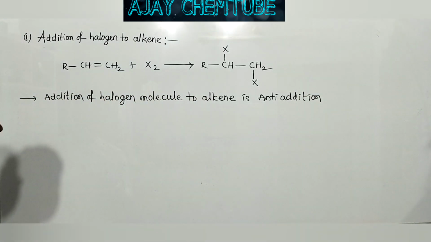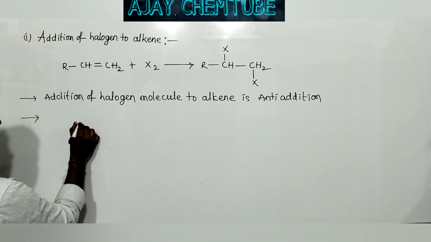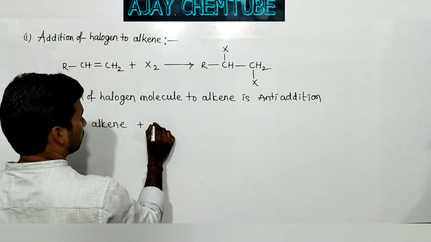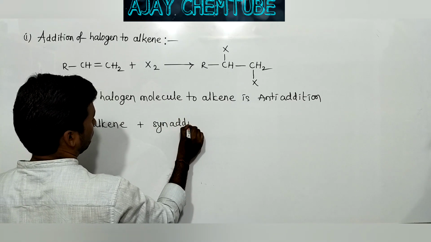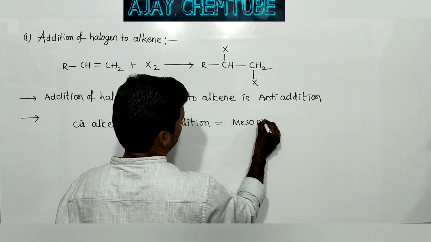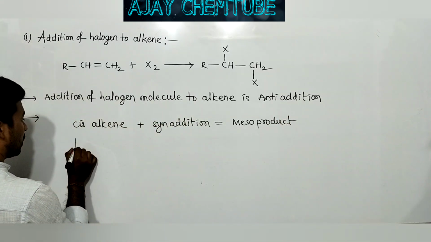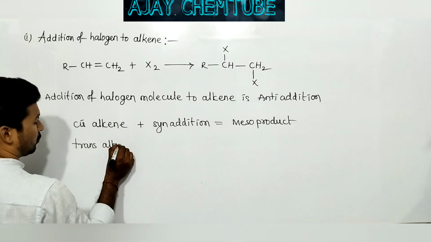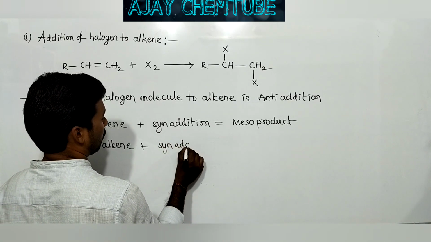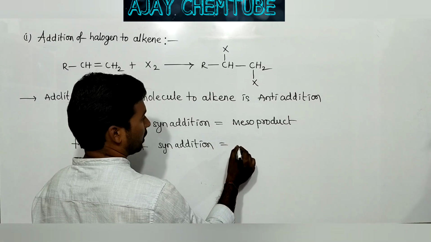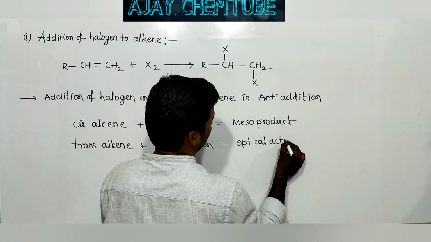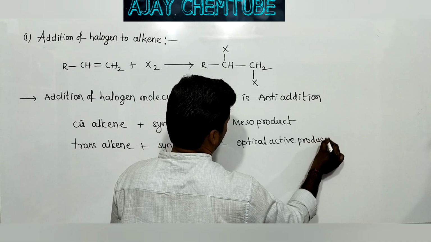So cis alkene plus syn addition gives meso product, and trans alkene plus syn addition gives optically active product.